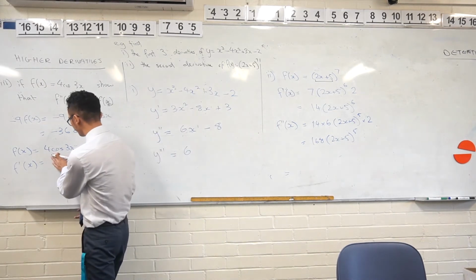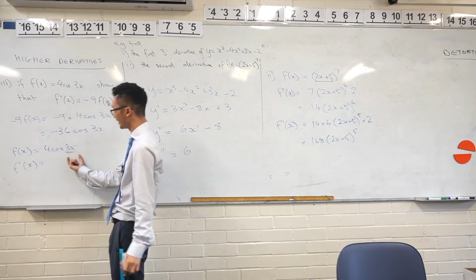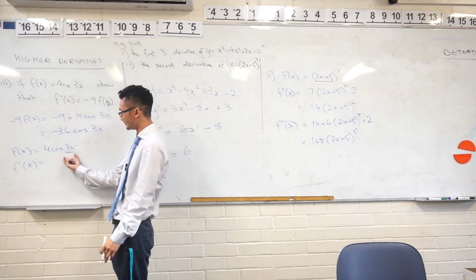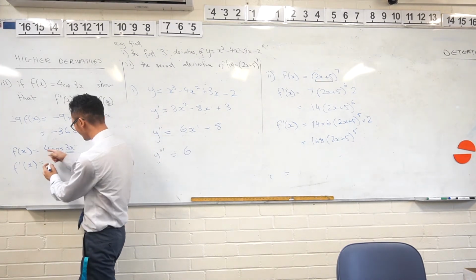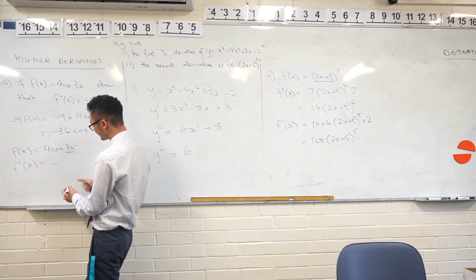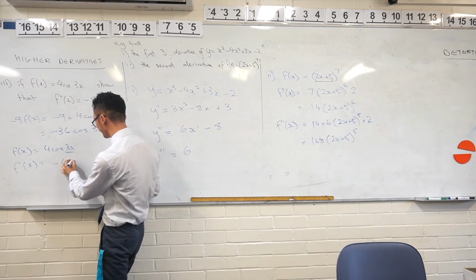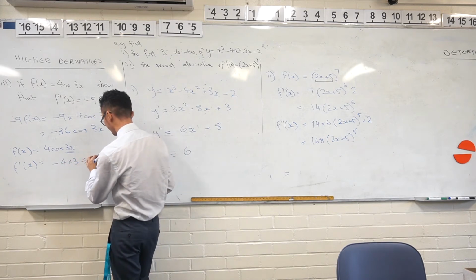So when we apply this, we also have to be aware of the function inside here, we have to take the derivative of that. So the derivative of that is going to be 3. You can bring it out the front. So a few pieces you have to think about here. We've got the negative, that 4 stays there. We've got this 3 component here, and it becomes our sine function, okay?